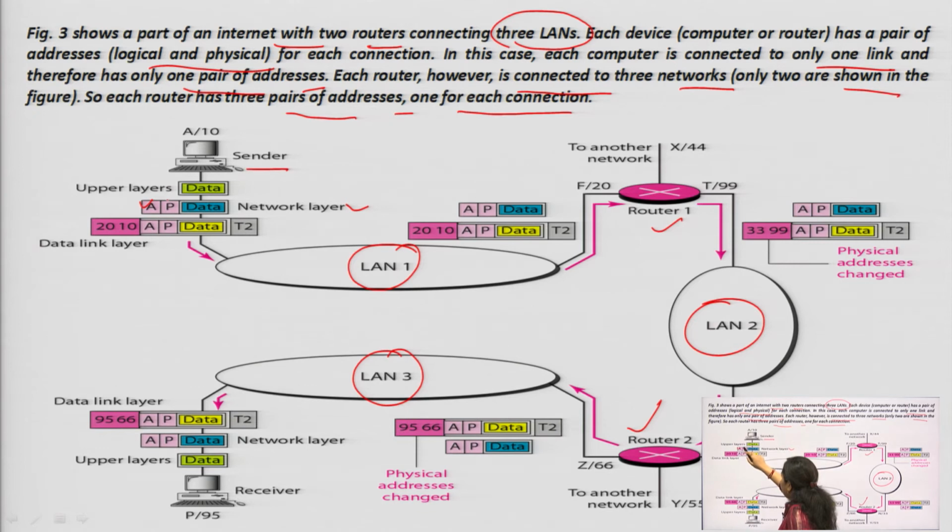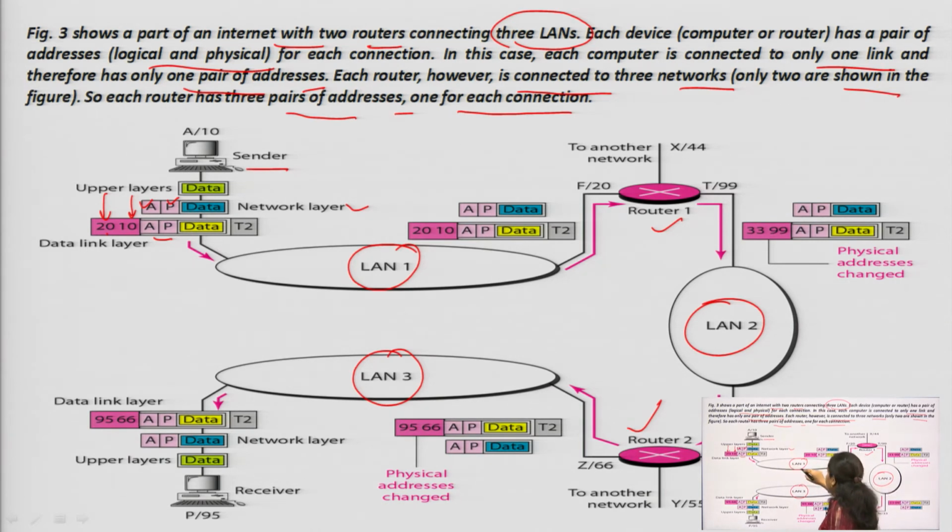This is A and P, the logical address, and then the physical addresses will be added. This is the destination physical address, this is the sender physical address, and this is the logical address. So, this is how the frame will be formed at the data link layer.